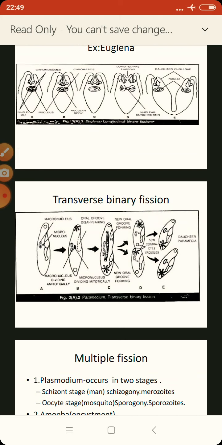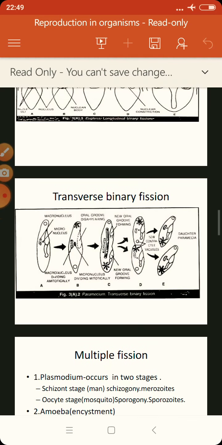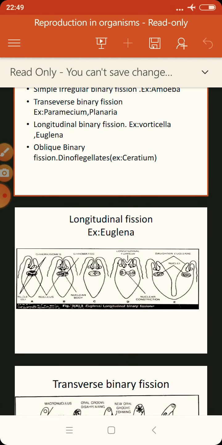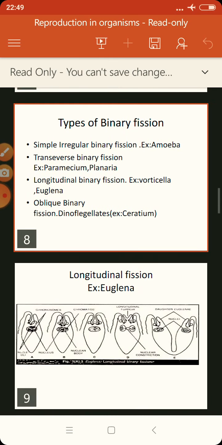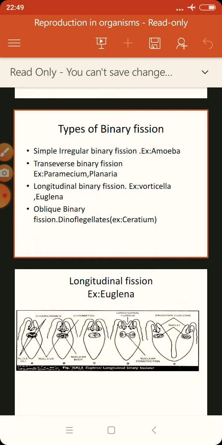Now there is one more type of binary fission, oblique binary fission, whose example is quoted as dinoflagellates, and one example among the dinoflagellates is Ceratium. What do you mean by oblique binary fission? So far we have seen irregular binary fission, transverse binary fission, and longitudinal binary fission. Transverse means cutting the organism median-wise, and longitudinal means lengthwise.